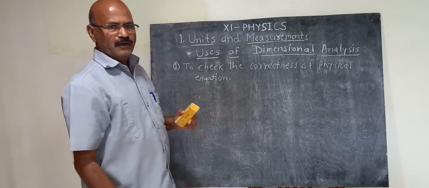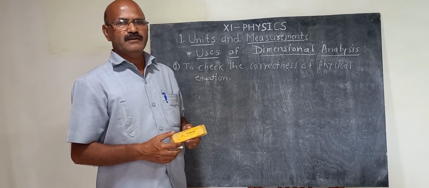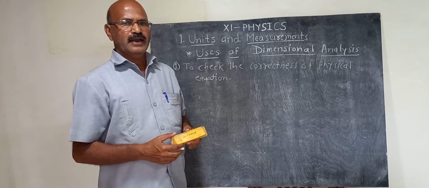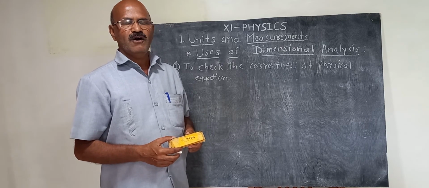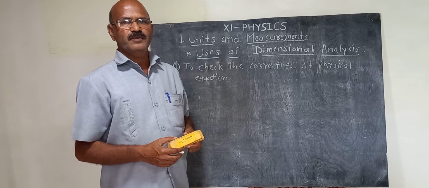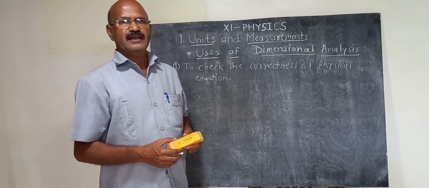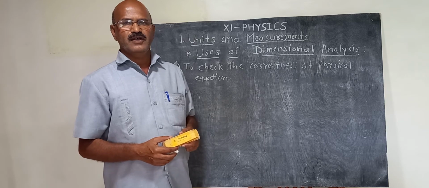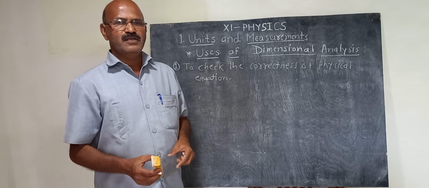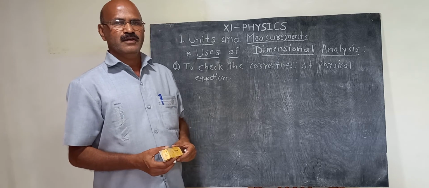In any equation related with different physical quantities, if the dimensions of all the terms on both sides of the equation are same, then that equation is dimensionally correct. This is called the principle of homogeneity of dimensions.